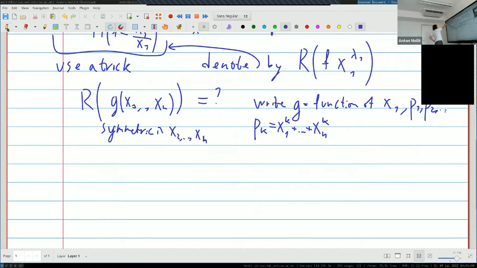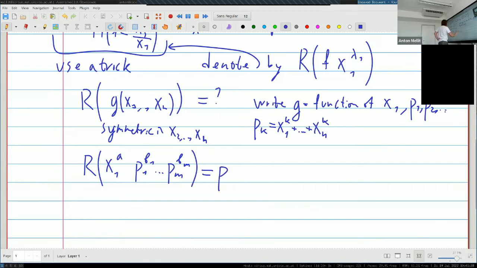So if I have some R of x1 to some power a1, and then p1 through pm, you can simply move out the p's because everything commutes.